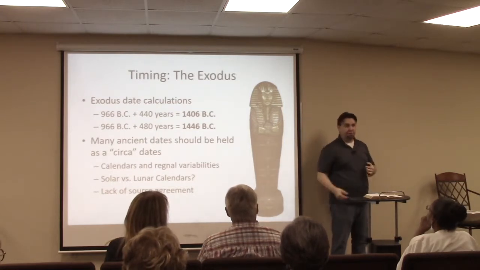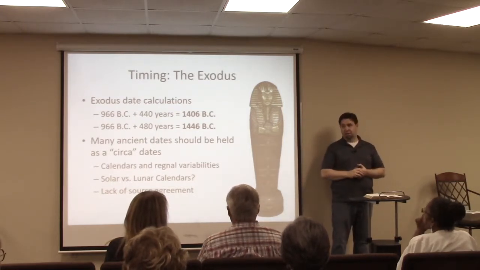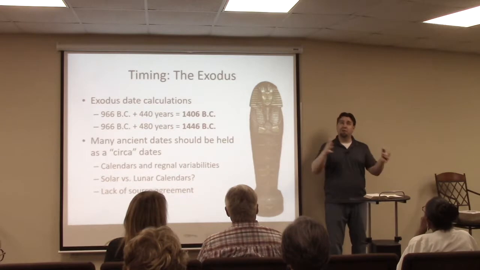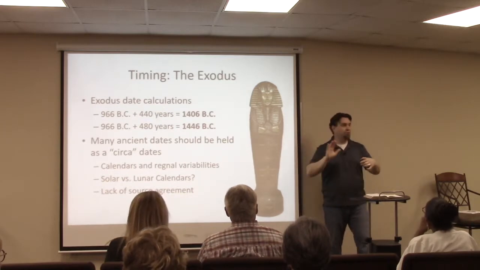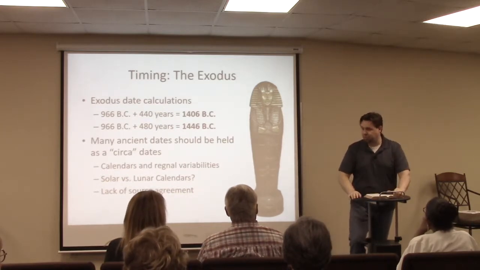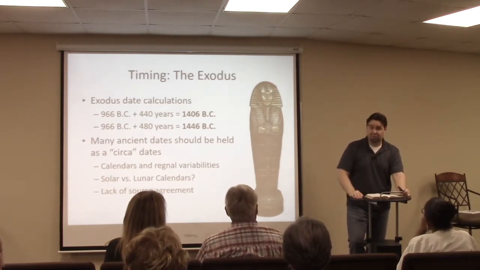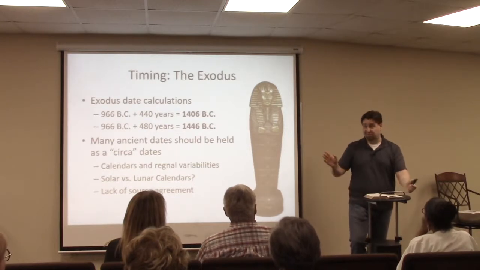And then also the difference between solar and lunar calendars. And in intercalary months, did they actually add a month in to make up for it? The lunar year is 360 days, which is not a big deal when you're talking about a couple of years, but when you're talking about 1,000 years or so, it starts to become more significant, the difference between the two.